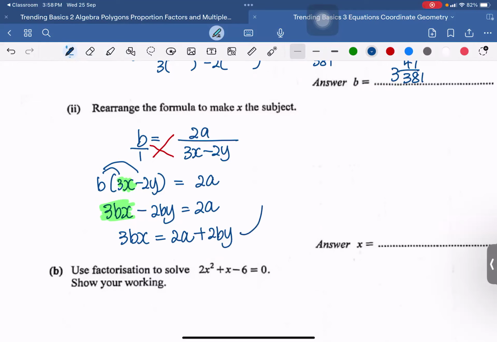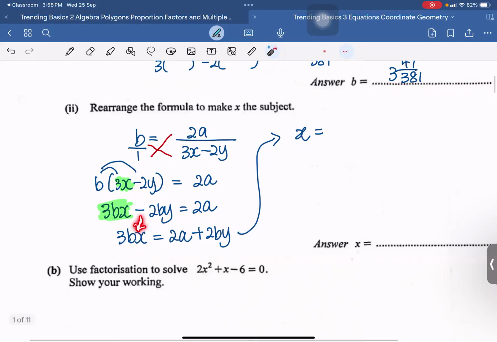Okay. Next step, maybe Nelly can help me. I only want letter X. I don't want 3 and B. This one, the relationship here, not boy-girl relationship, but the relationship is multiplication. How to undo multiplication? Factorize. No need to factorize already. In this case, this one is on its own.